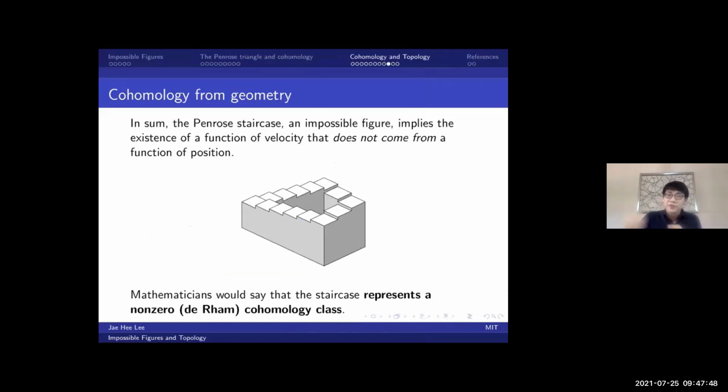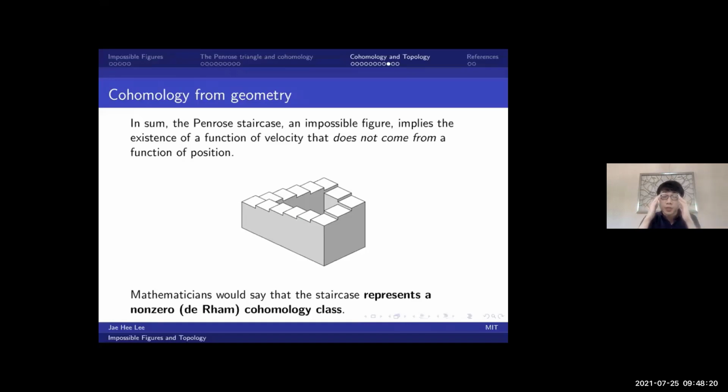Of course, if you have an altitude function, if you have something global like that, then this infinitesimal altitude is also well defined, because if you have a global notion, you can just differentiate to figure out how high you're rising given a fixed speed. But the Penrose staircase is telling you that on this circle, you have a function of velocity that does not come from a function of position.